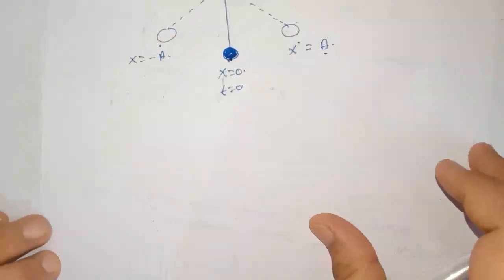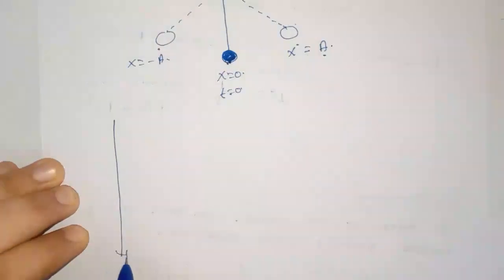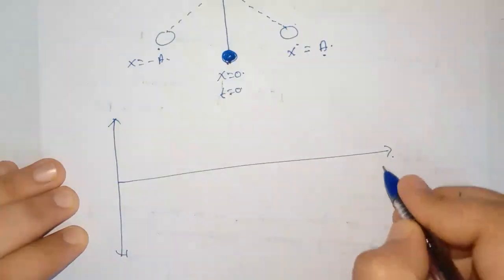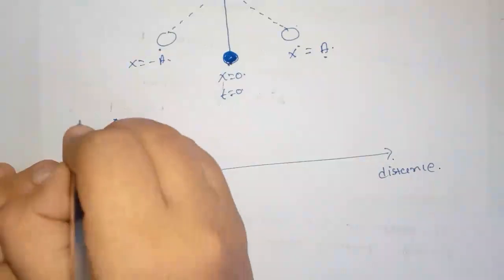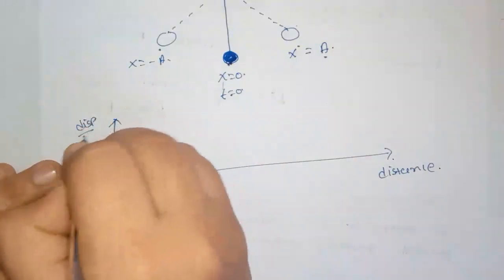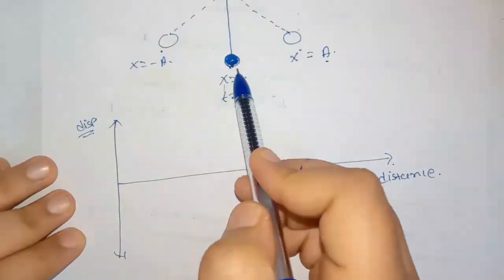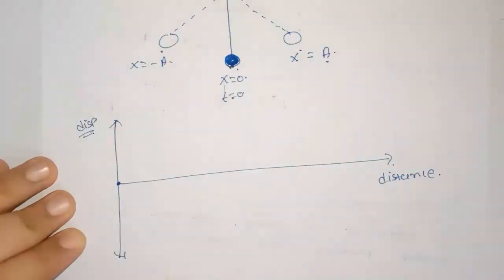Now if we draw the displacement versus distance graph, if the oscillation is starting from mean position, initial displacement and distance will be 0.